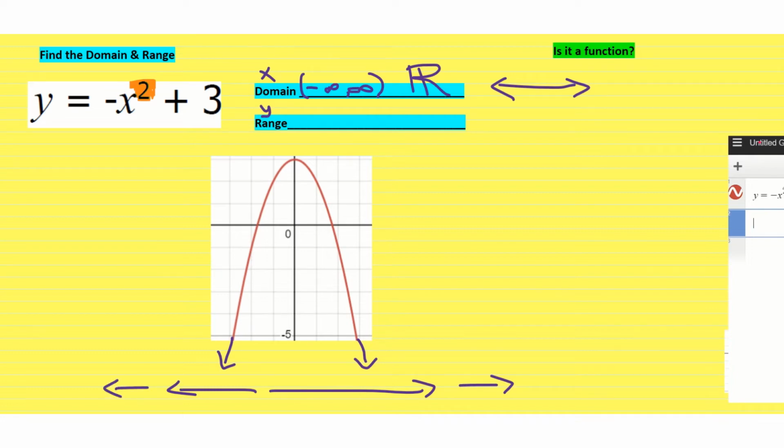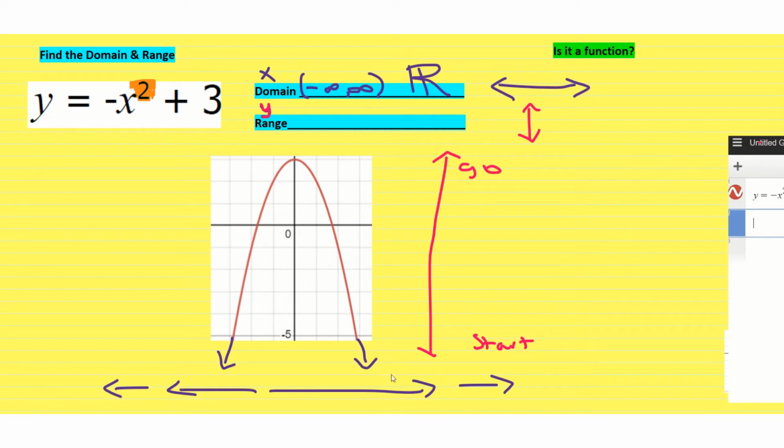Okay, so now let's think about our y values. Our y values are the range. That is the up and down movement of our graph. So where does it start, and where does it go to?